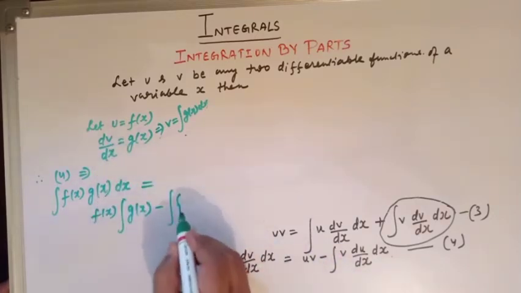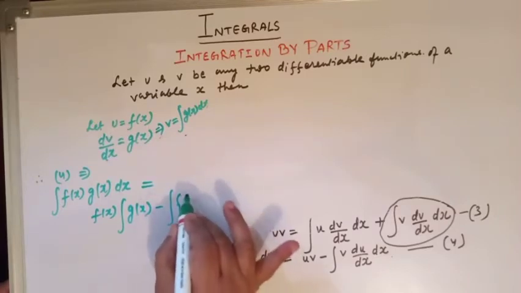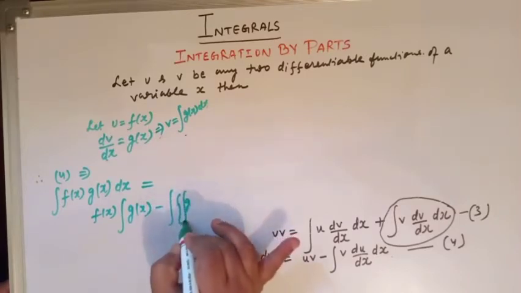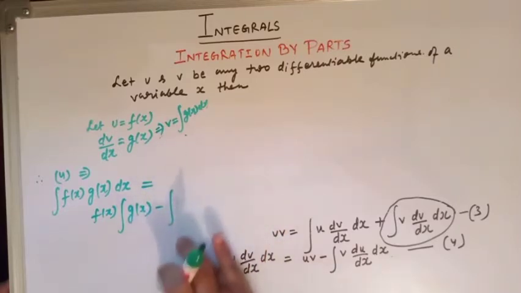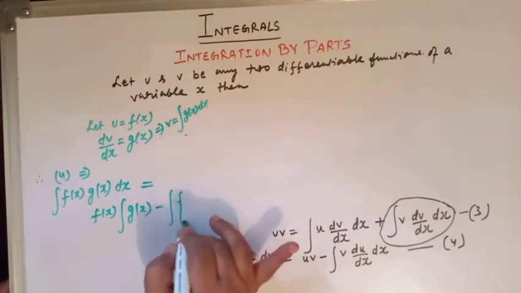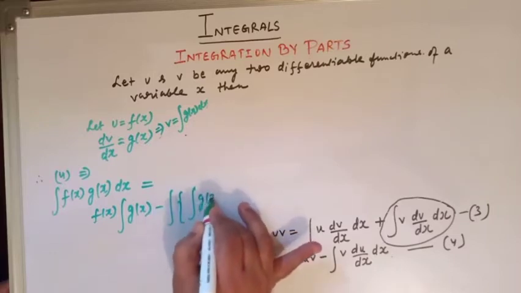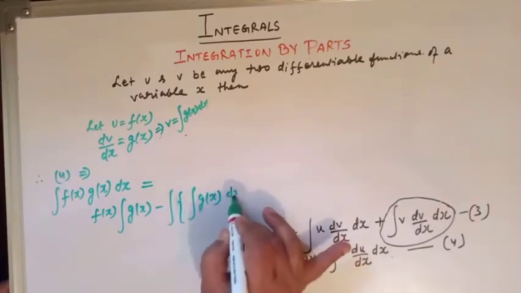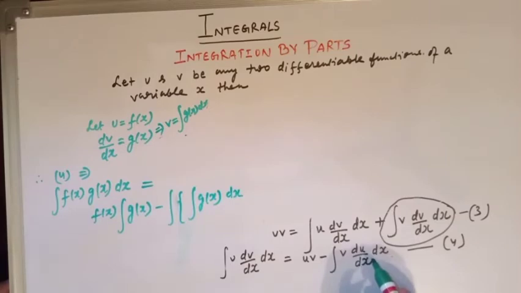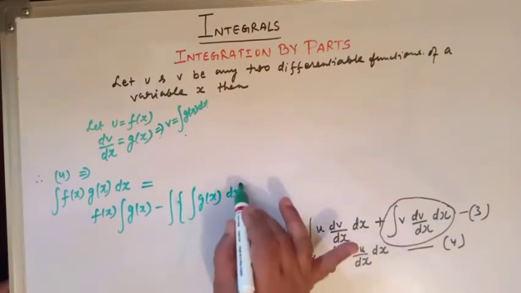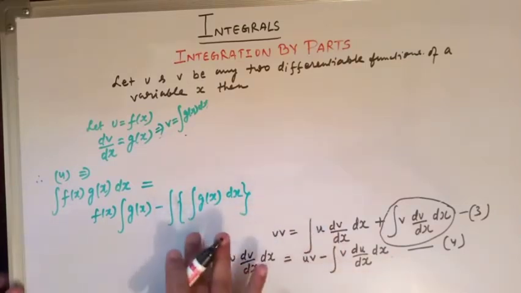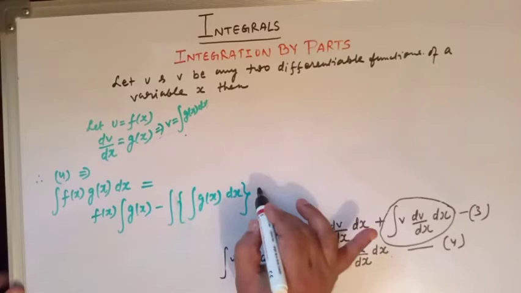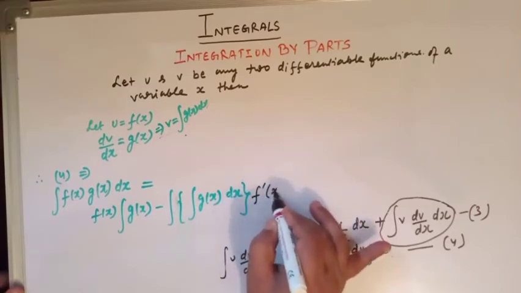V is the integral of g of x, and then we have du by dx, and this du by dx can be written as f prime of x.